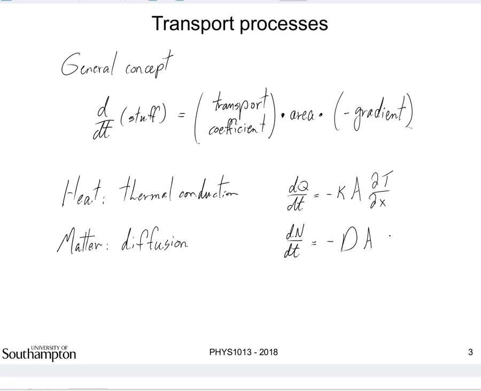And then there's the area again, and then there's a gradient in the density. Okay? So if there's a higher density of particles on one side and lower density of particles on the other, then you expect there's going to be a rush towards equilibrium, and the particles are going to slowly diffuse in the direction where their density is lower, right? And that's why there's this minus.